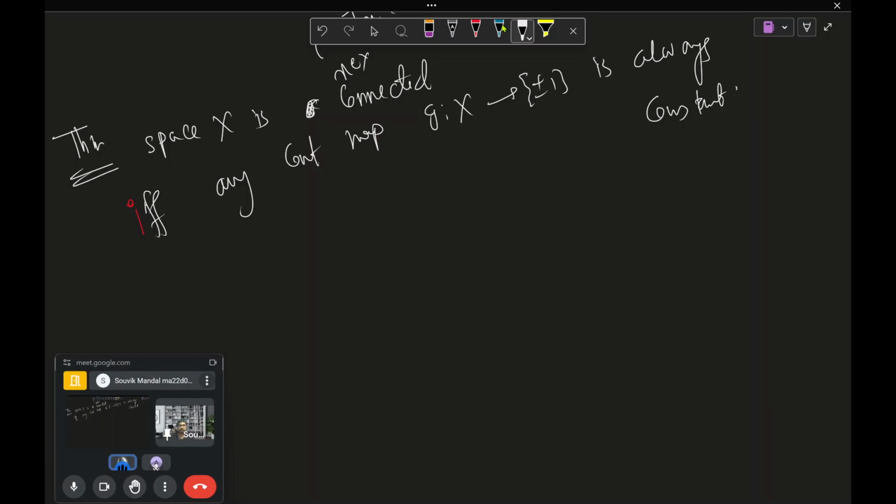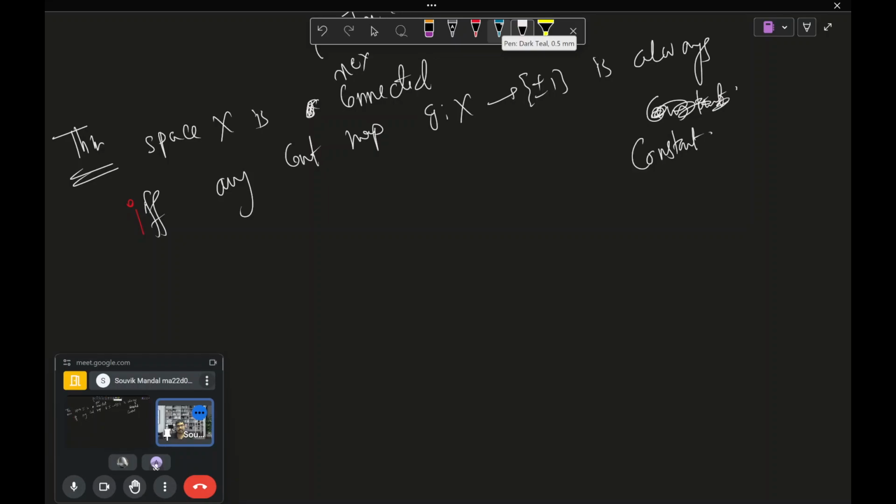You're mapping X to plus or minus one, and it's always constant, so it has to be one or the other. It may be 1 or it may be minus 1, but it's constant. It can't be plus one on some parts and minus one on other parts. Either wholly it will be plus one or wholly it is minus one. That's what the meaning is, right?